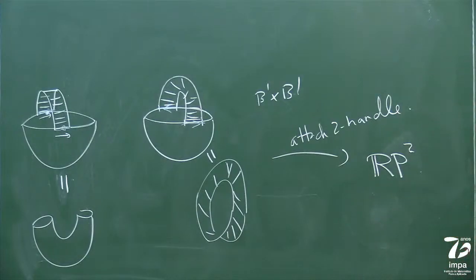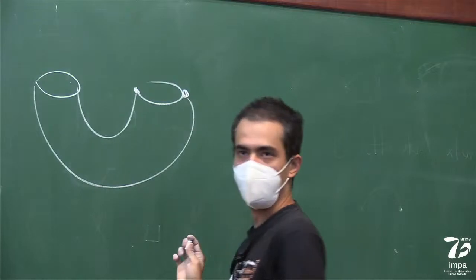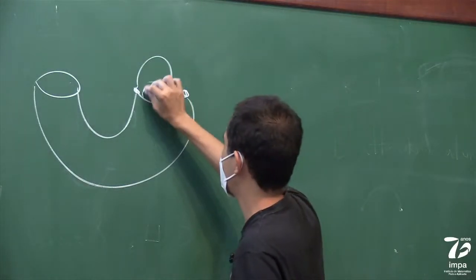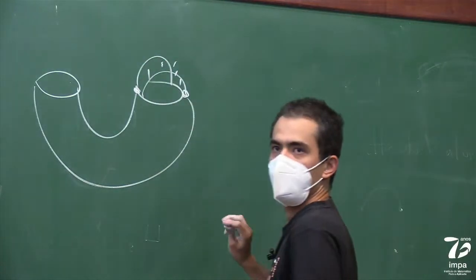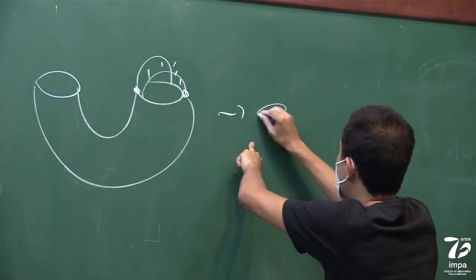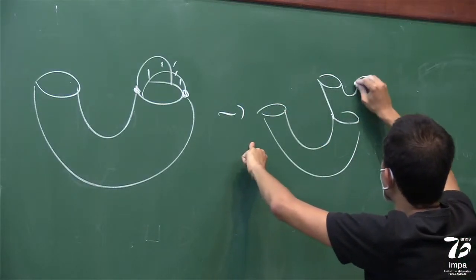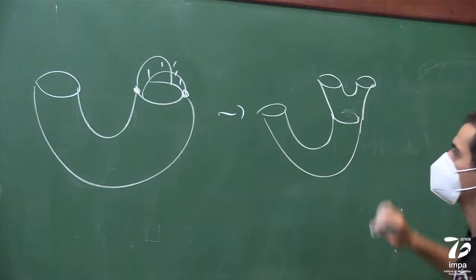So if I have my guy like this, and I choose my S0 like this, that means I attach a handle like this. What I obtain is, I had my original guy like this, and then I have this guy.